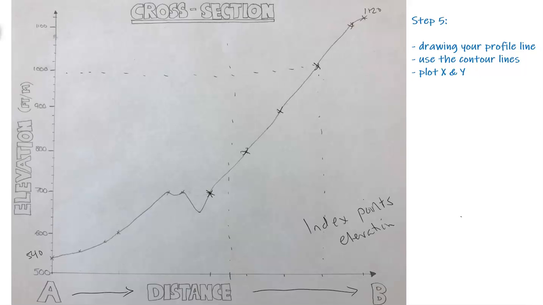I would check the profile graph, but if not, I'll just draw a nice little continuous curved line connecting all these points, and at the end you'd have a nice profile, showing the gradient, showing the distance. You can even calculate the gradient, which is rise over run over a certain distance, if you had distance down here as well.